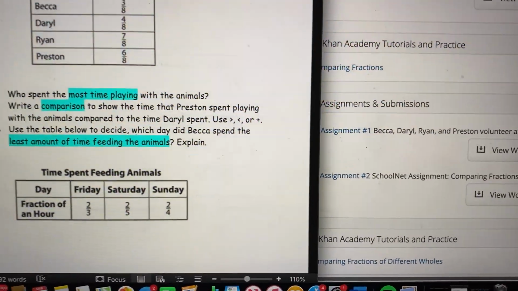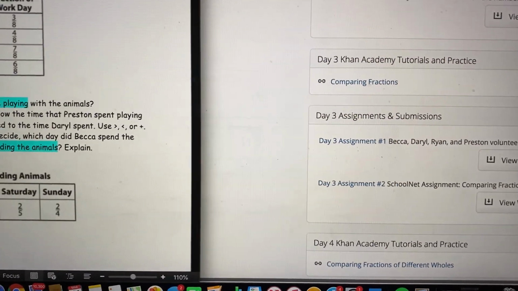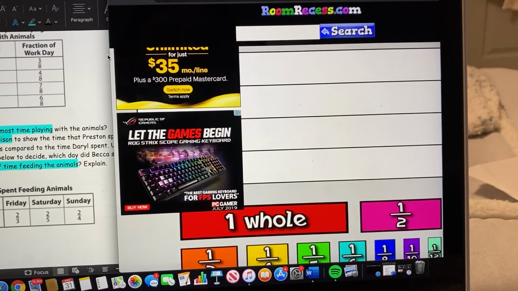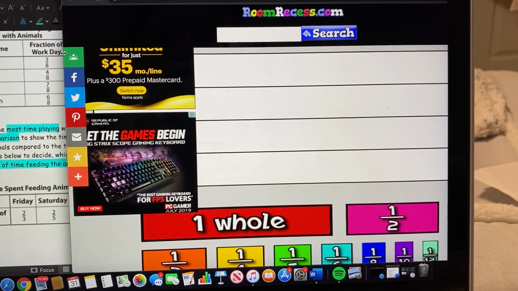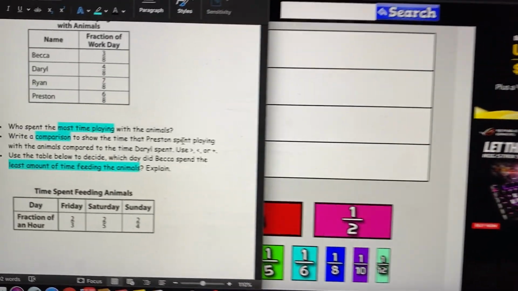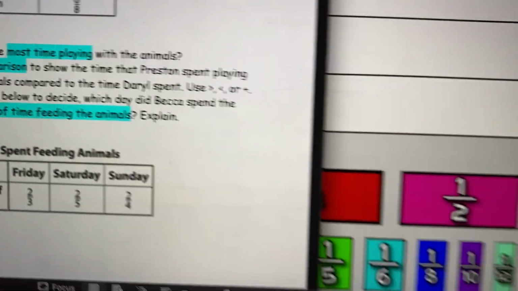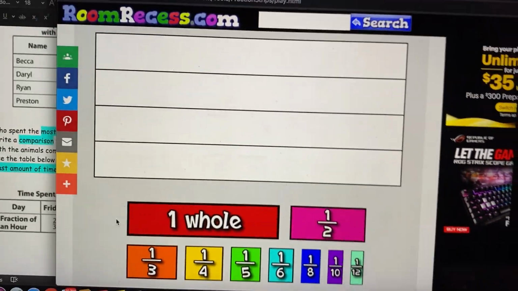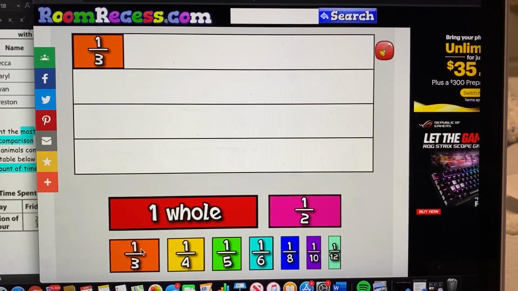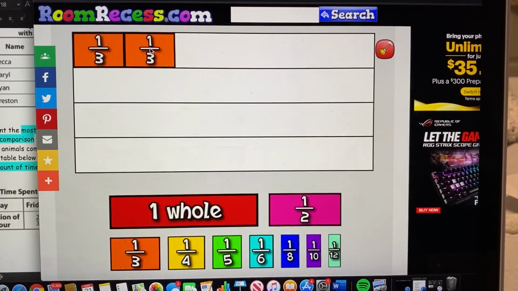So a better way, remember we used our fraction strips, which I totally recommend you using. I have it right here up front for us, so we can use it. So the first one says 2/3. So I'm gonna put 2/3. 1, 2.